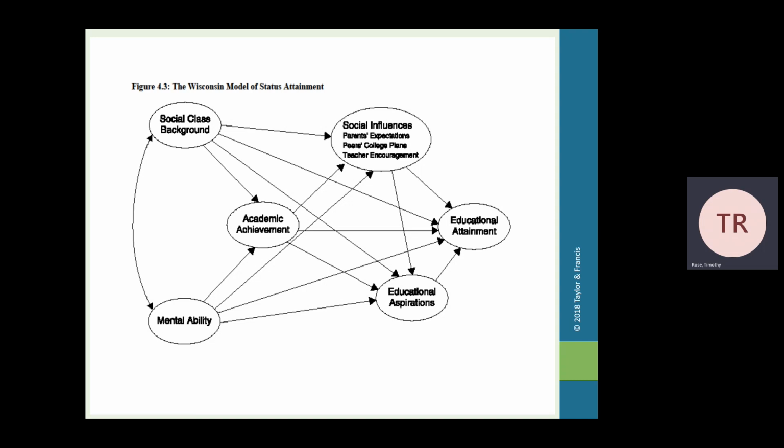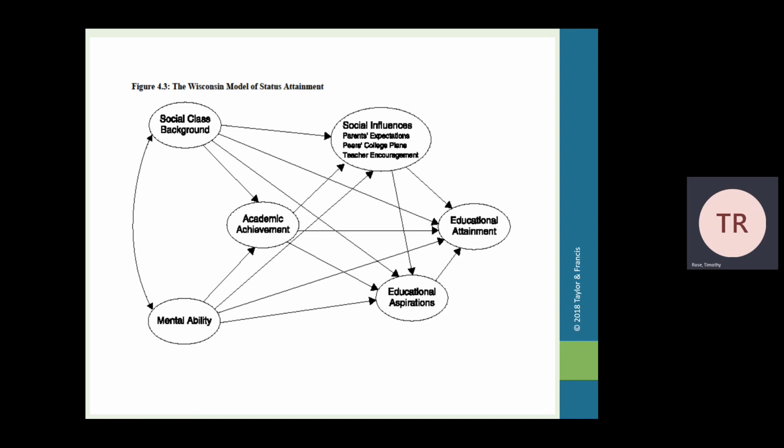However, mathematically, we can also see whether social class background has an indirect effect on educational attainment through academic achievement. So what does this mean? This means that when we run our model, when we run all our math, we're seeing whether, one, academic achievement itself has an impact on educational attainment. That makes sense. The harder you work in school, the higher your educational attainment will be. If you're a really hardworking student, you're likely to then go on to college, and then potentially go on and get a graduate degree.